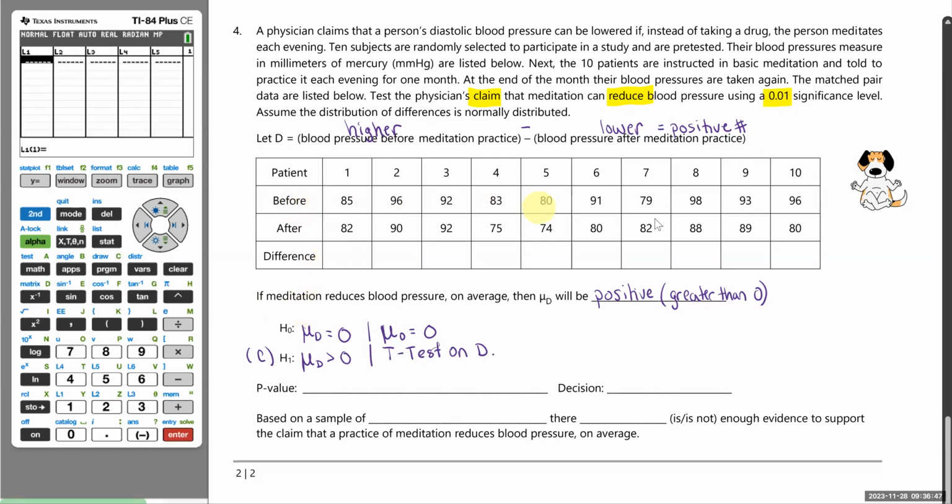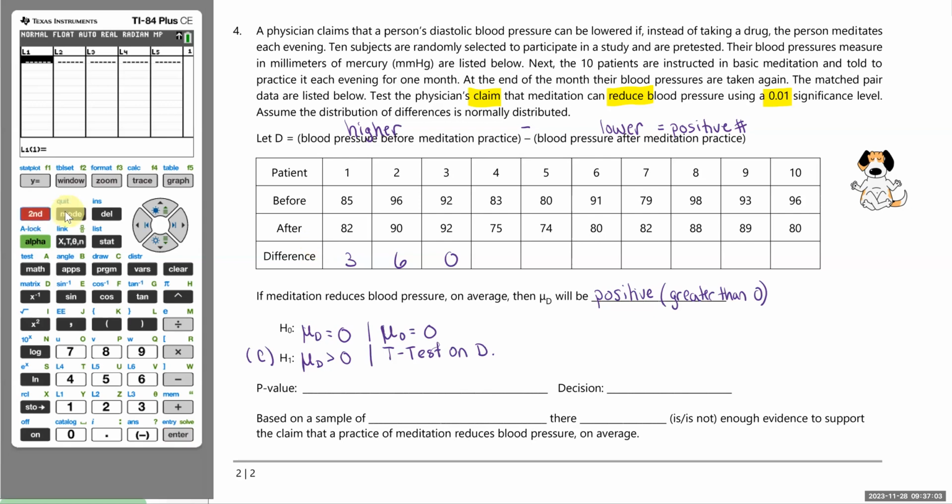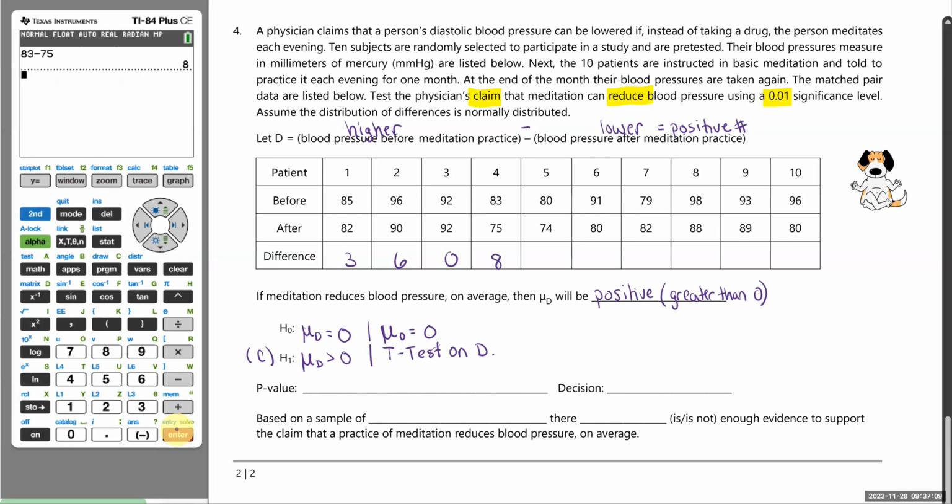So rather than entering all that data in L1 and all that data in L2, I'm just going to write down the differences because this is pretty simple here. So 85 minus 82. So that's 3, and then 6, 0. 83 minus 75. I'm going to be super lazy with my brain and just let the calculator do it. So that's 8.